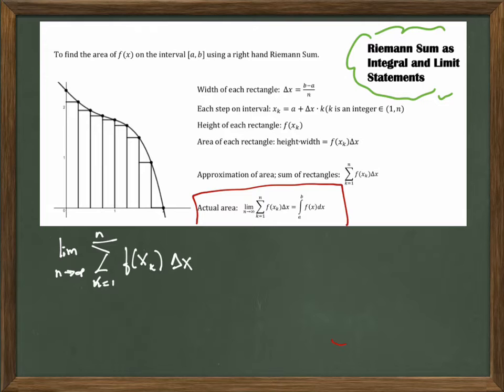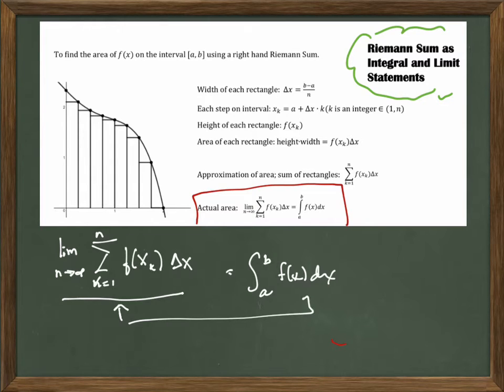And this is the exact same thing as the integral from a to b of f of x dx. And we have to be able to see this and write that, or see that and write this, okay?